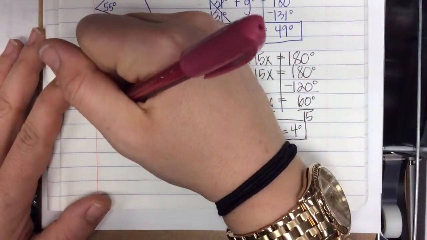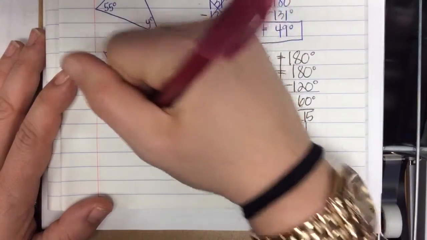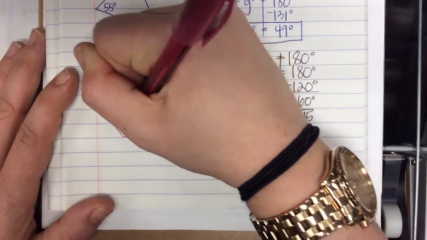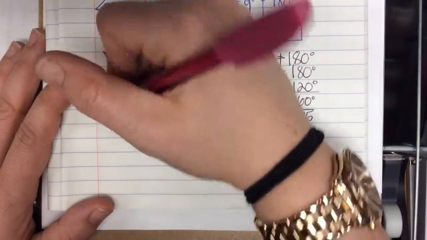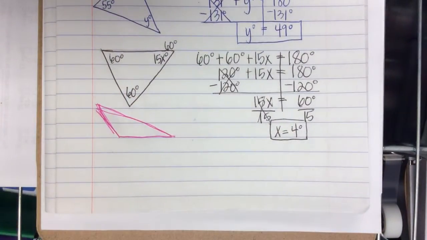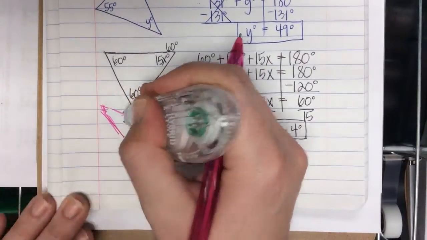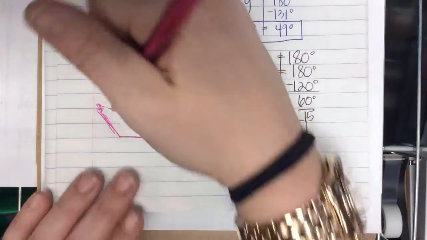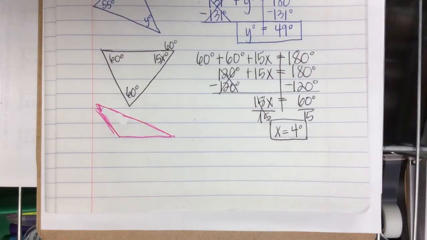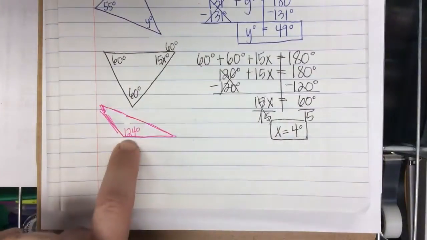Let's do a triangle that looks like this. Okay, so I'm gonna have to do a little bit of squeezing in here. 124 degrees.